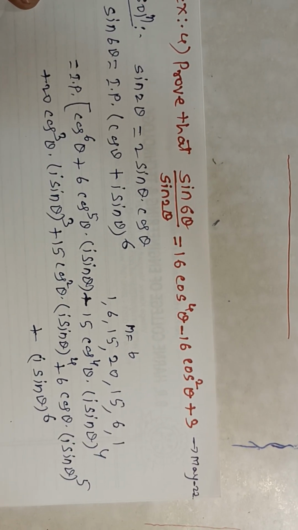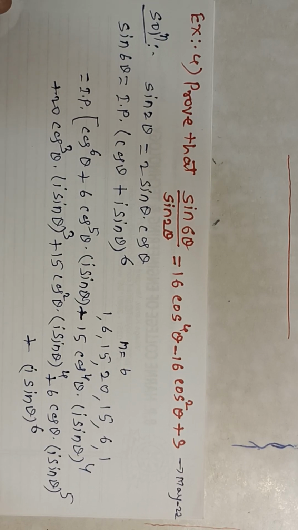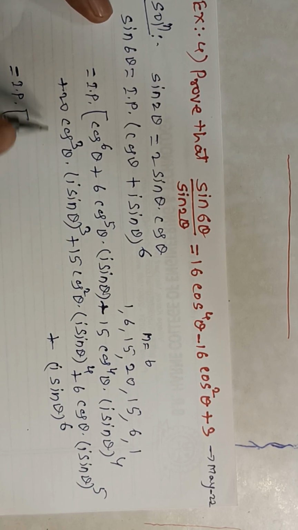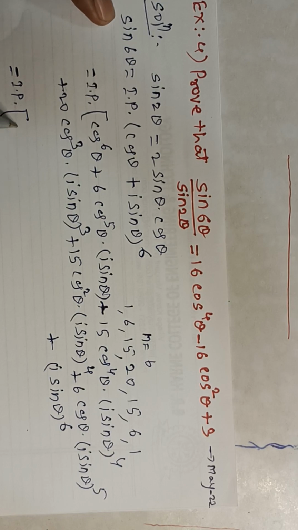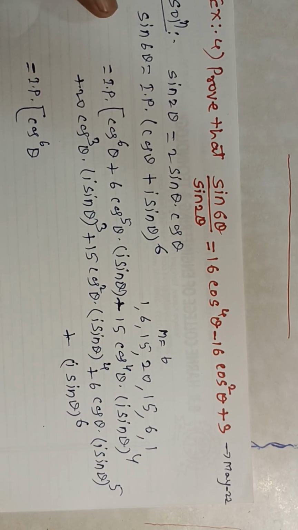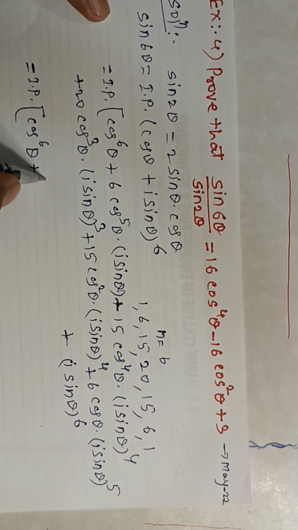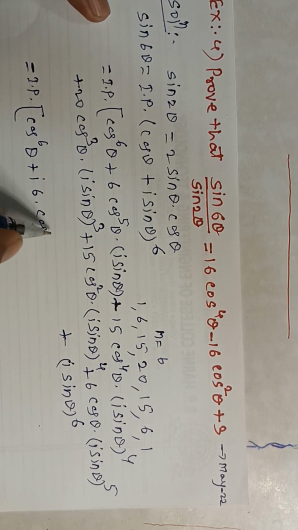So this is equal to the imaginary part of, now simplify this, sixth power of cos theta, then plus i times 6 into fifth power of cos theta into sin theta.